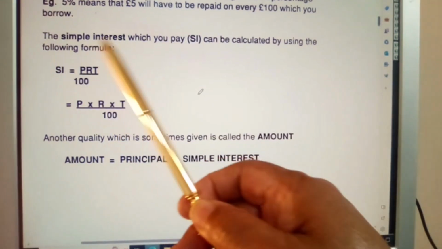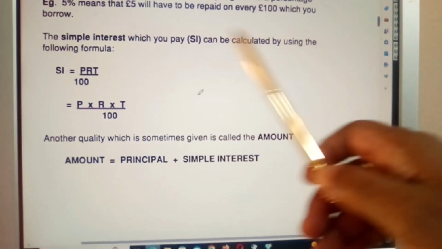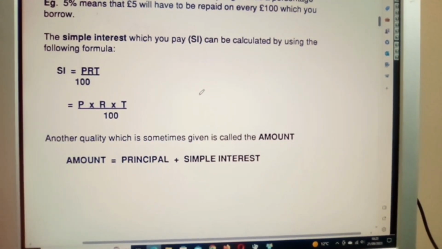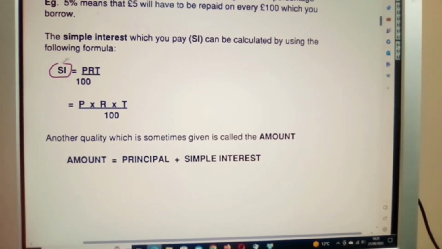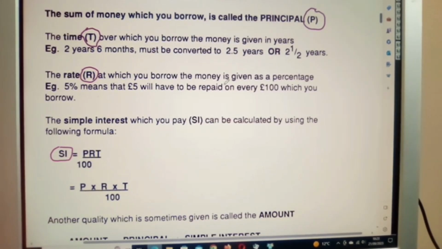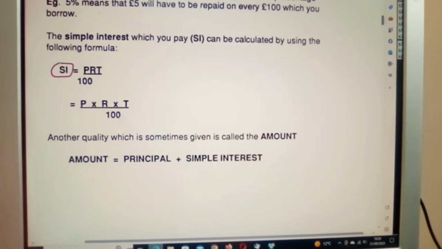Now the simple interest which you pay, SI, can be calculated by using the following formula. SI, simple interest, equals P, and we said what P was, principal, R, the rate, and T was the time, and all that is over 100.